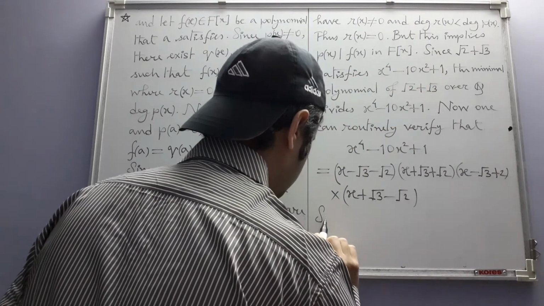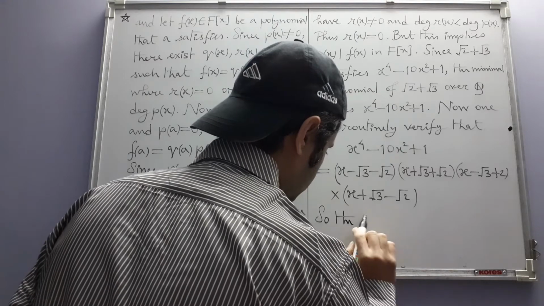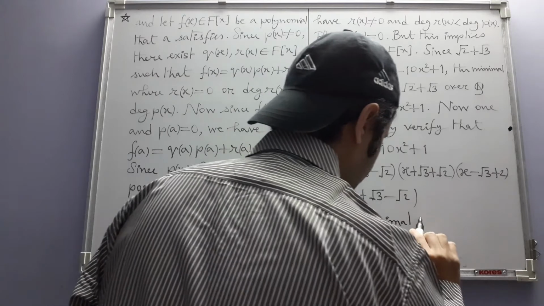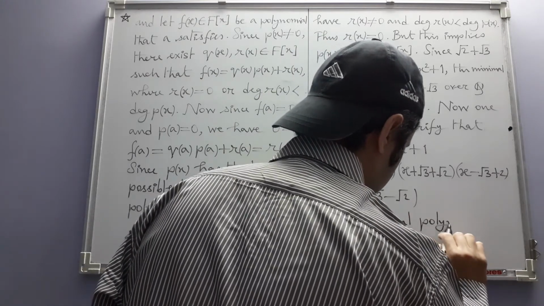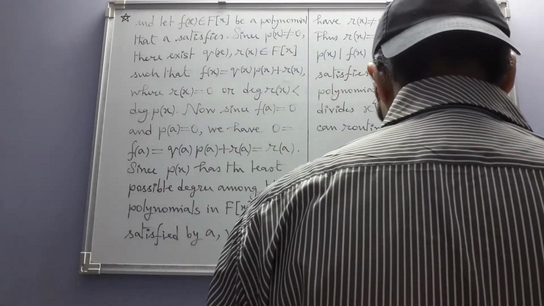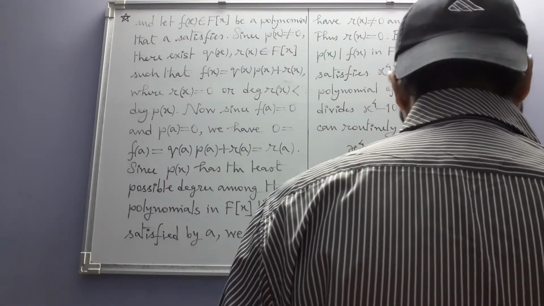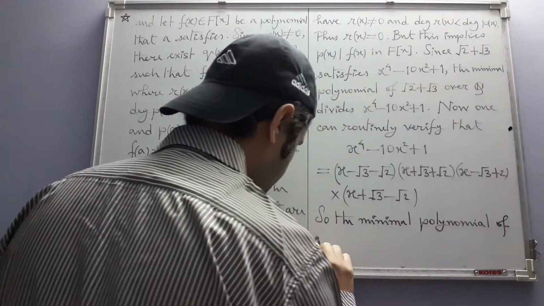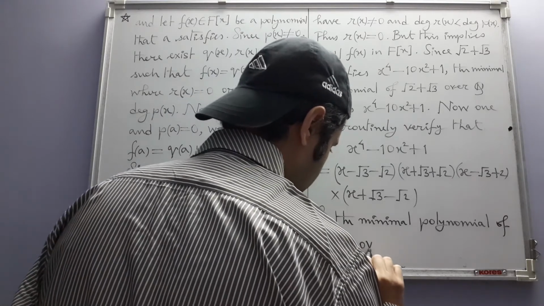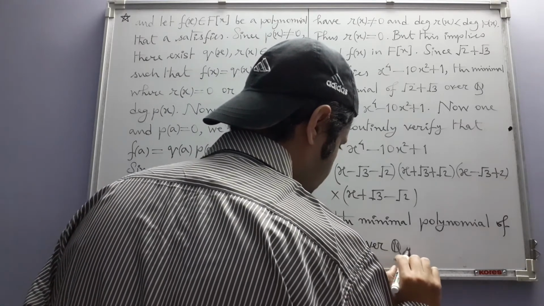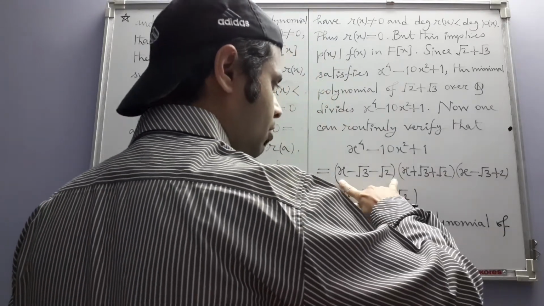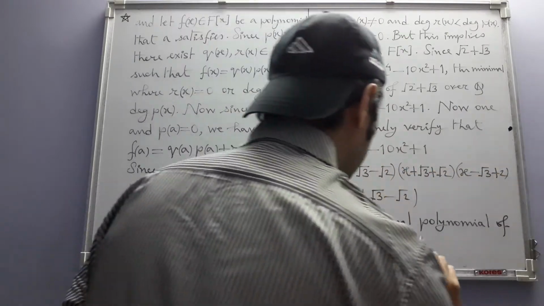So the minimal polynomial of root 2 plus root 3 over Q is either you multiply this one with this one, or this one with this one, or this one with this one.